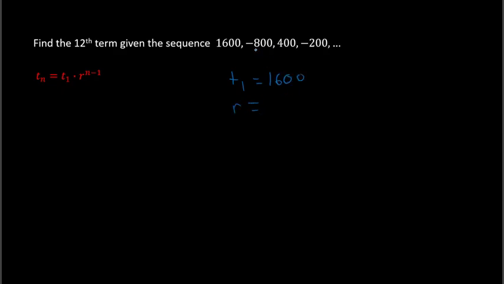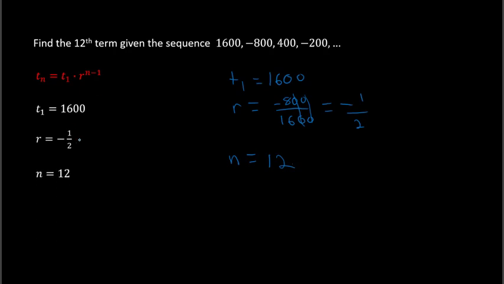I can find that by taking any number, so negative 800 for example, and then divide by the number before it, which is 1600. When you do that, the zeros would cancel. I have negative 8 over 16, which would reduce to be negative 1 over 2. And then n is the number of the term you're trying to find, which is going to be 12. So n is 12.